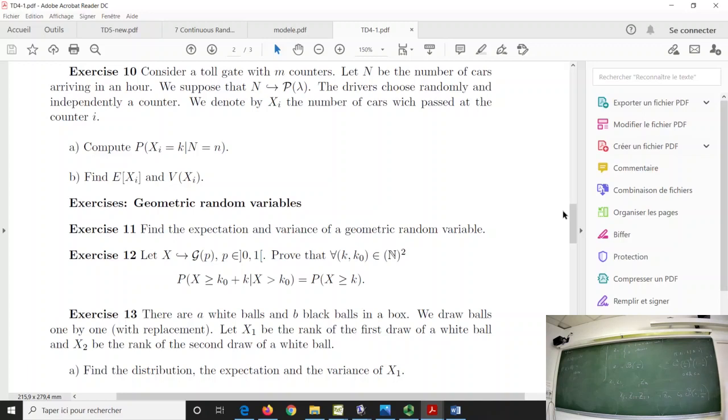That is to find the distribution of xi, and I will have two situations. If I obtain here something that is known, I will be very happy, because computing the expectation and the variance will be very simple. But if I don't obtain something that is classical, I will have to compute the expectation from the definition and the variance from the definition.